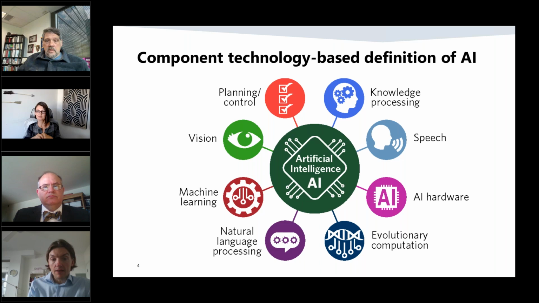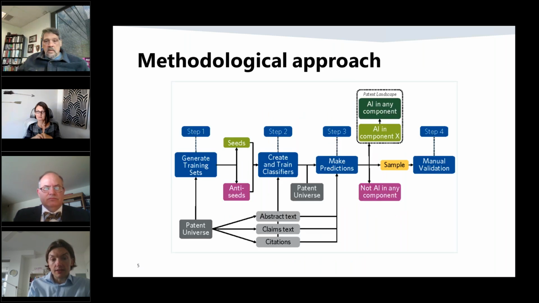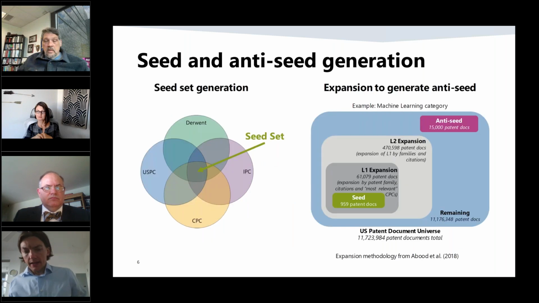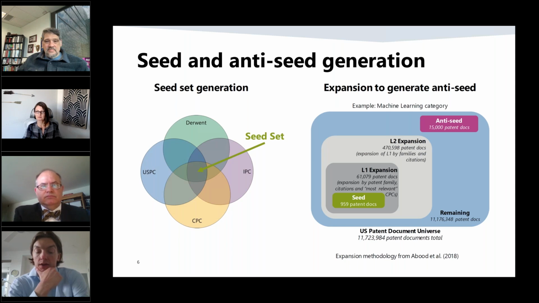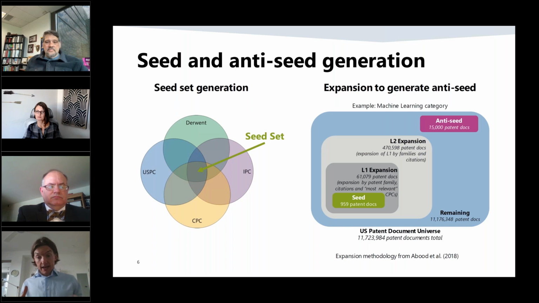Yeah, that's a really great comment, and it segues into this next bit. I personally can't go into enough detail that this question deserves, but I can tell you a little about what's going on, and maybe Alex can chime in on the actual concordance that we used. For each one of these AI technology components, this is AI hardware, this is machine learning, et cetera, we had to develop a seed set.